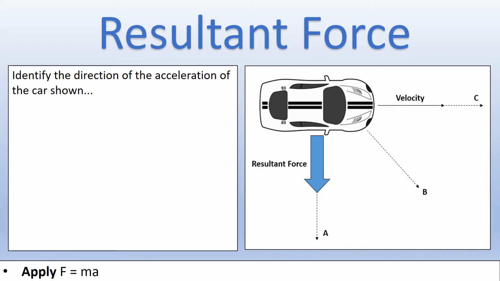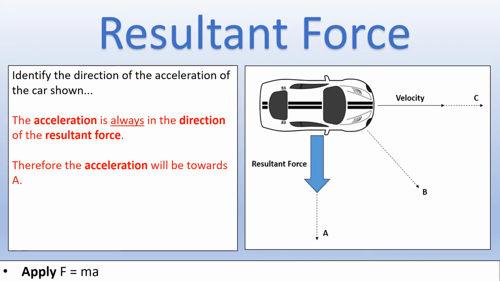Okay, so let's take a look because a lot of people tend to get this one wrong. What Newton's second law, or F equals ma, tells us is, yes, force and acceleration are directly proportional, but it also tells us about the direction of the acceleration. The acceleration always has to be parallel or in the same direction as the resultant force.